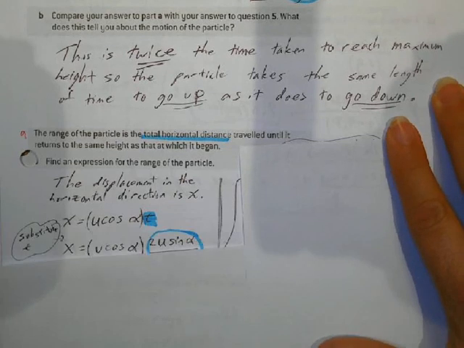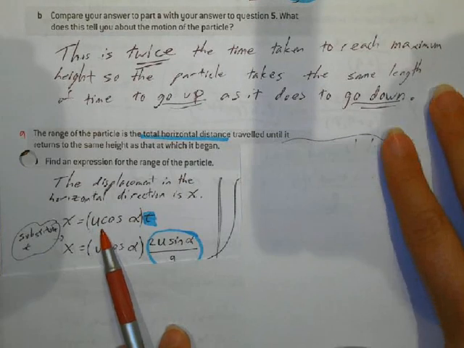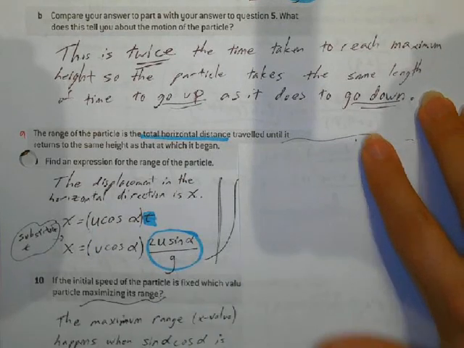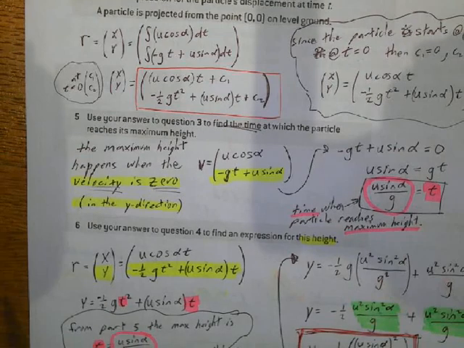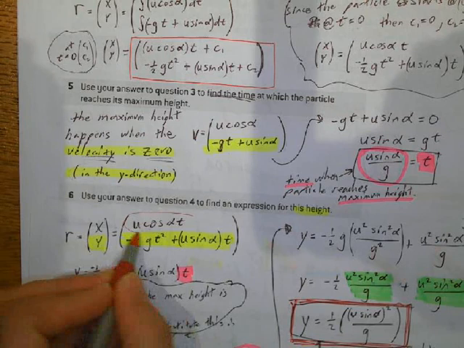Okay, so the horizontal displacement for my vector, if I go back to here, is u cosine alpha t, right?